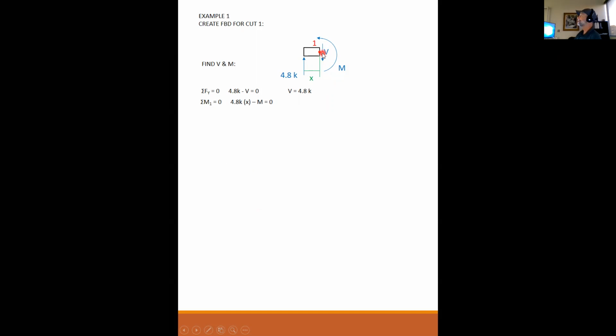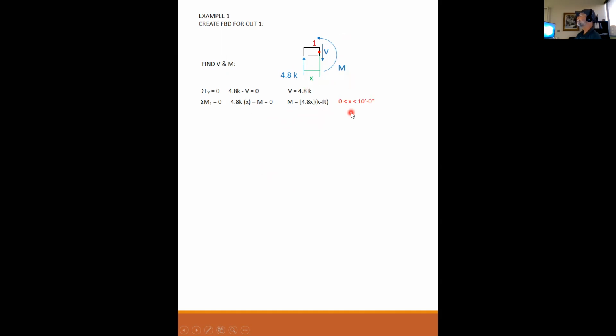Always sum about the point on the cut to make this simpler. 4.8 times x tends to rotate clockwise, so it's positive. The applied moment tends to rotate the body counterclockwise, so it is negative. And so I find that M is equal to 4.8x, and this is measured in kip feet.